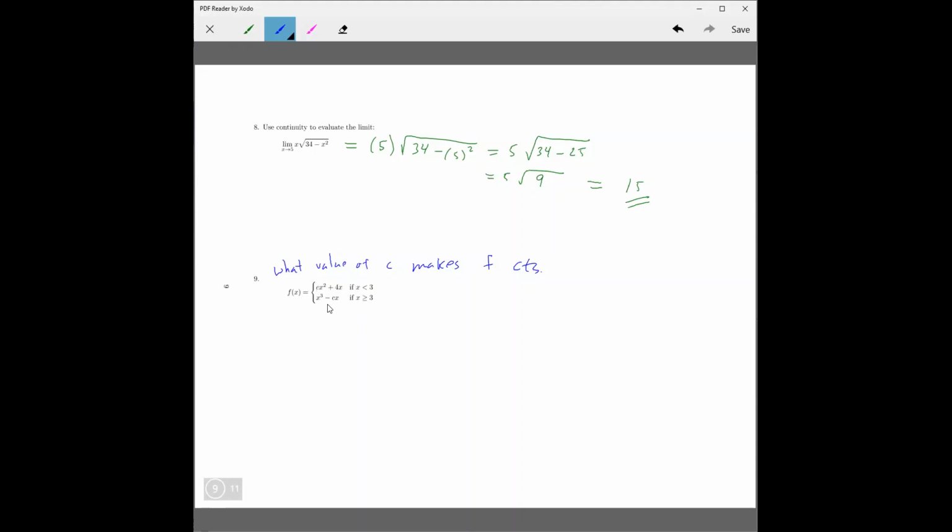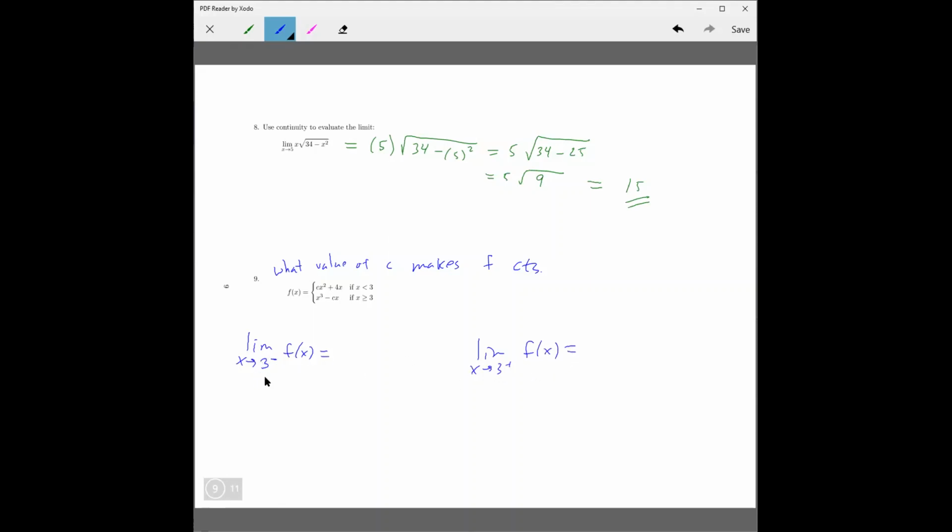What's typically going to be a problem is if the left-hand limit and the right-hand limit are different. So what you're going to do is force the left-hand limit and the right-hand limit to be the same. So your limit as x approaches 3 from the left, and the limit as x approaches 3 from the right. We're going to calculate each of those.